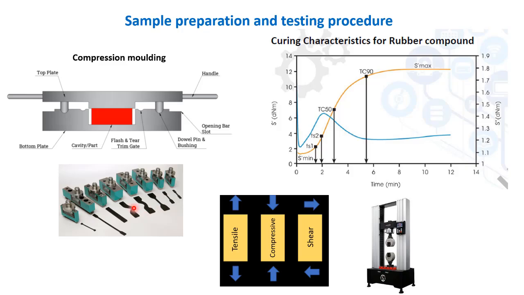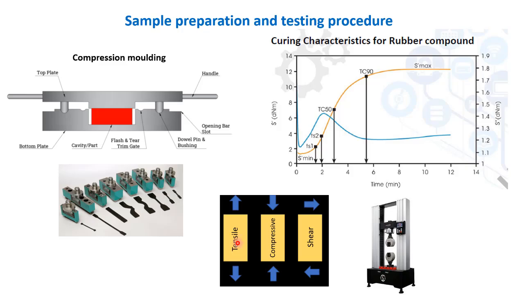We call them specimens because they have a specific dimension, which are ISO certified and other standard certified. These specimens are then used for the particular testing which we want to perform. So there are multiple tests.